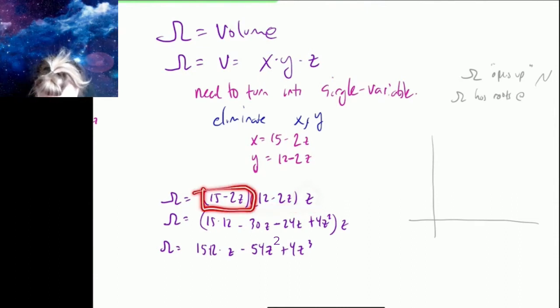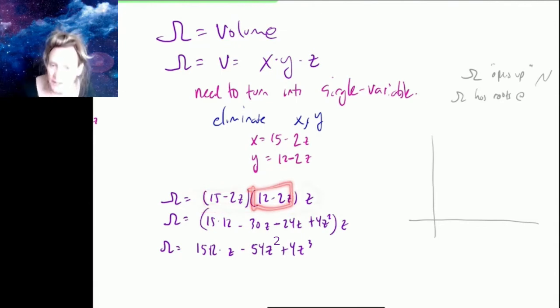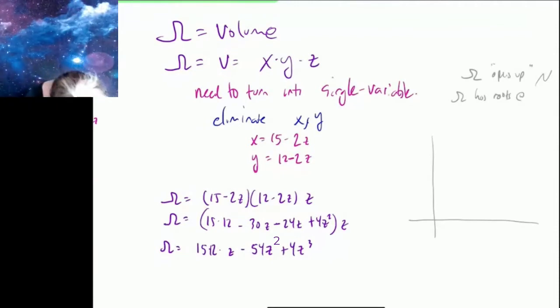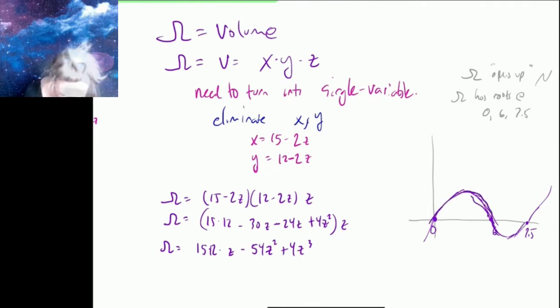See how each one of the terms in the product gives you one of the roots? I've got roots at 0, 6, and 7.5. Okay, so I'm going to put down 0, 6, and 7.5. And I know that I have a cube that goes like this. So there's my sketchy sketch. Super shitty sketch.